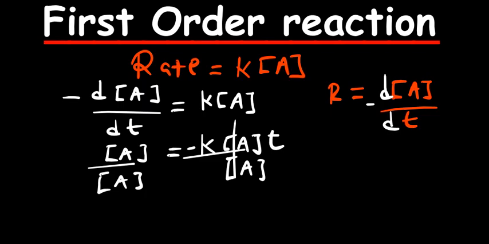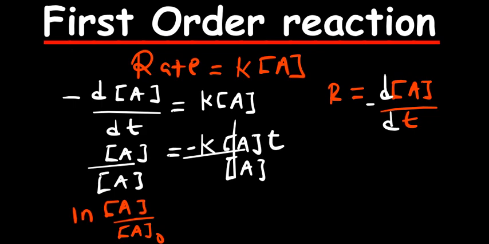Okay, now that I've got this, what do I now do? I'm going to introduce natural log. So I'm going to have the natural log of the concentration of a over the concentration of a.